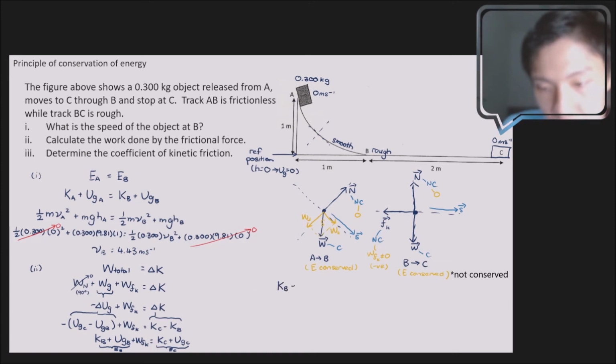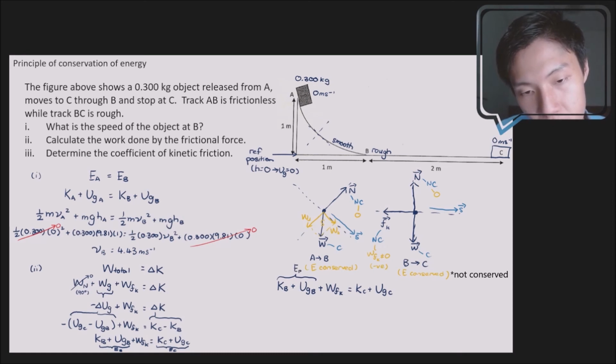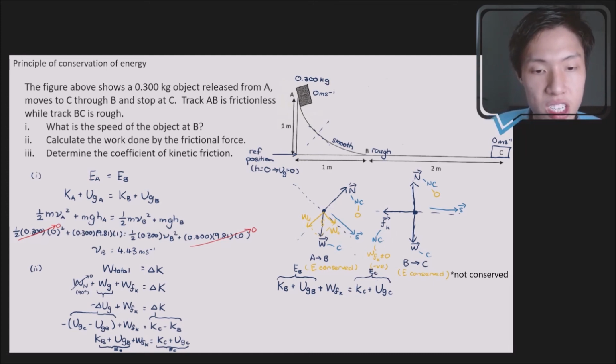Kinetic energy at position B plus the gravitational potential energy at position B plus the work done by kinetic friction is equal to the kinetic energy at point C plus the gravitational potential energy at point C. Okay, again, this is the mechanical energy at point B, and after it experienced the work done by kinetic friction, the mechanical energy experiences a change, and the final mechanical energy will be the new mechanical energy, and it's different from the initial mechanical energy.